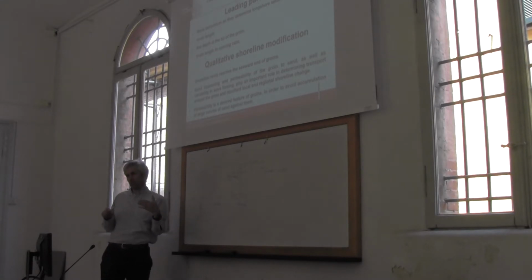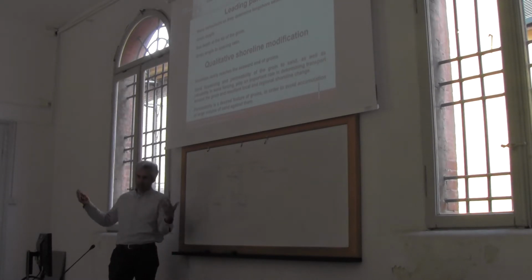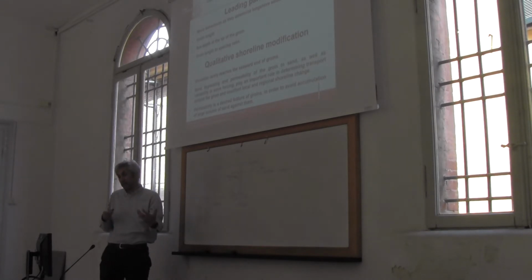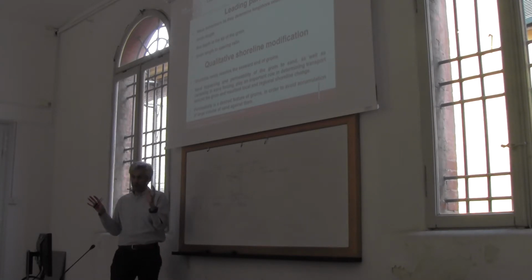The best thing is to first put in place a permeable groin, maybe with large apertures, in order to make your intervention less impacting. And then you see what happens, because when dealing with sea phenomena, real-scale experimentation is the best thing to do.